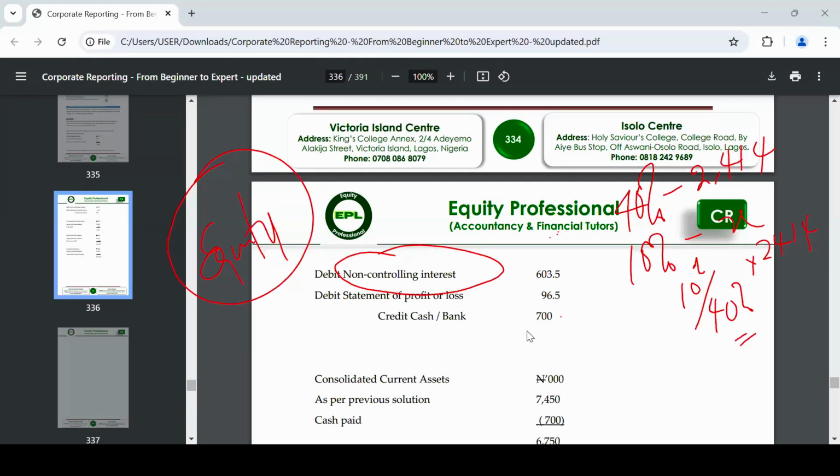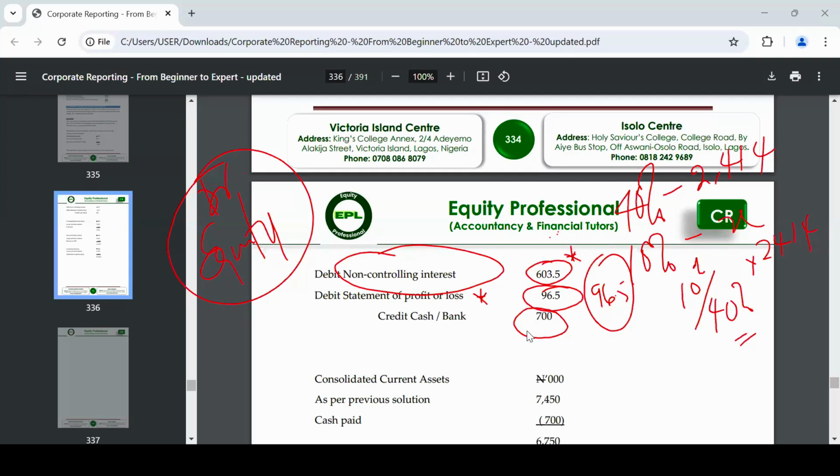So therefore, any reduction in equity should be a debit. All right? This payment is this 700. Now, this difference is going to be a debit to profit or loss. You know why? In your consolidated financial statement, you are going to recognize this 96.5 as a loss because you have paid higher than the current carrying amount of the NCI you bought.